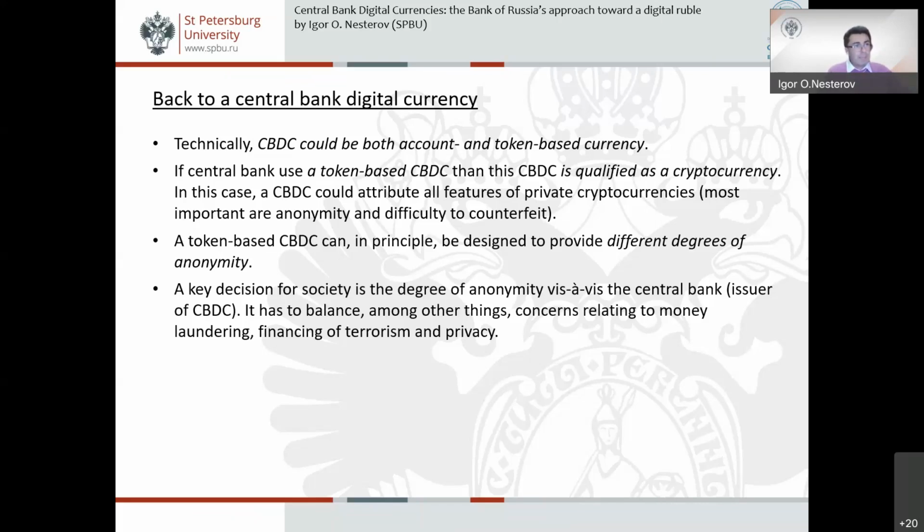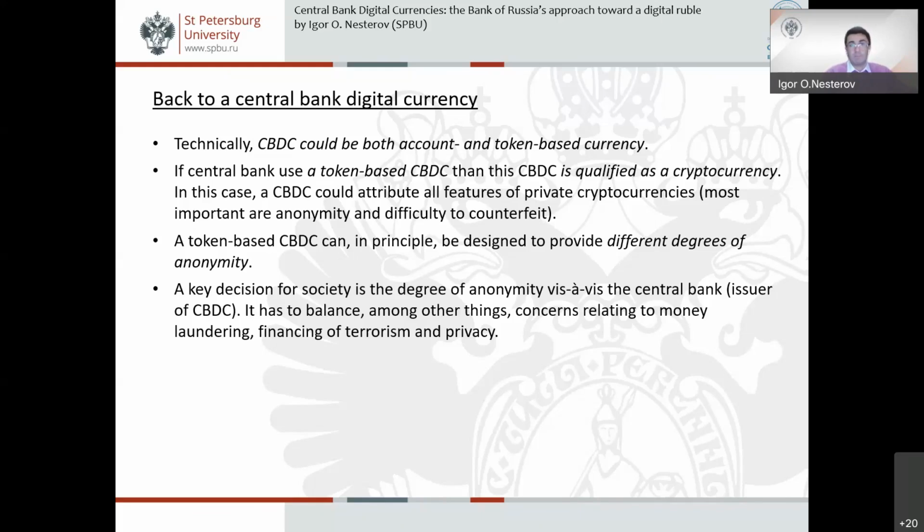At the same time, according to, for example, the Bank for International Settlements, most central banks are considering at the moment various technical infrastructures, but current proofs of concept are basically based on distributed ledger technology.